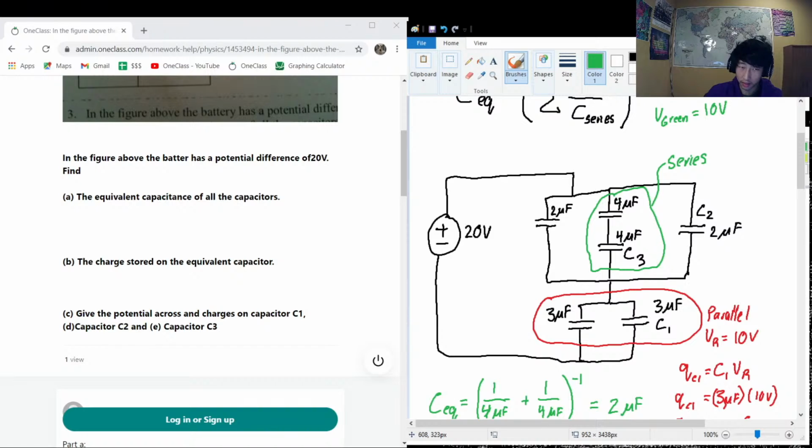So since the entire green also has to have 10 volts, and we know that the charge of the entire green is going to be the same. So Q green is also going to be equal to Q of C2, because they have the exact same value.